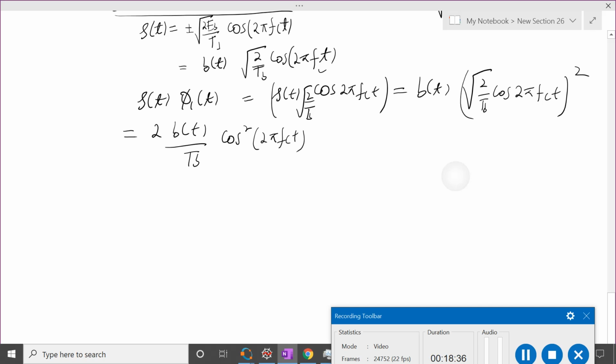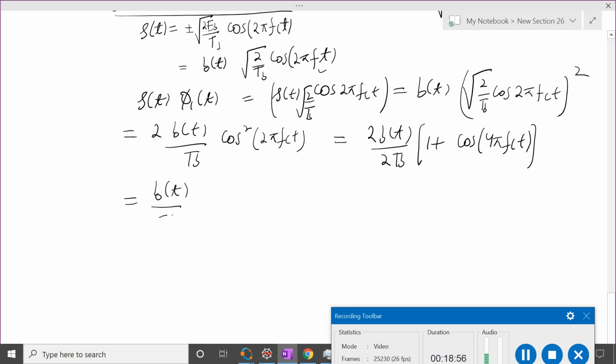Using the identity of cos, this becomes B of t over TB times 1 plus cos 4 pi FCT.